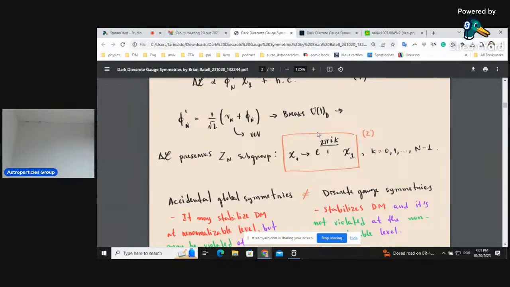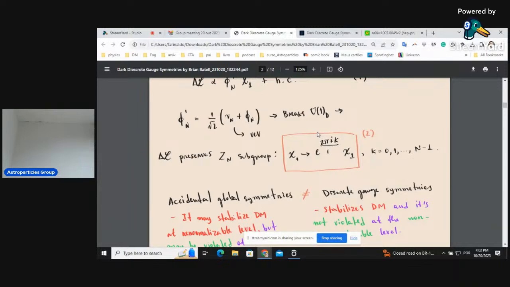Whether it's accidental or you did it on purpose doesn't matter. If you have an accidental symmetry, then you have a problem. Well, if it came from a gauge symmetry, then there's no problem. Whether it was accidental or not, irrelevant. If it came from a gauge symmetry, it's fine.